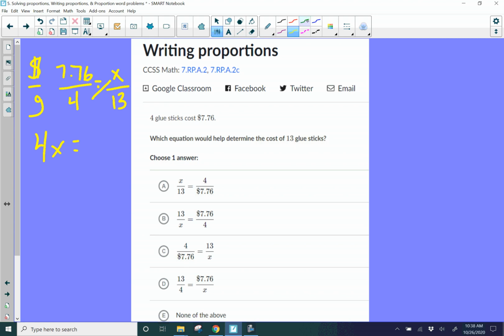So taking a look at the first answer choice, that's not going to give me 4x, so let's cross that out. B is also not going to give us 4x. If you look at C, it has 4 times x, so C is going to be the correct choice here. But let's just take a look at the last one. That would give you 13x. So the correct answer choice for this one is C.